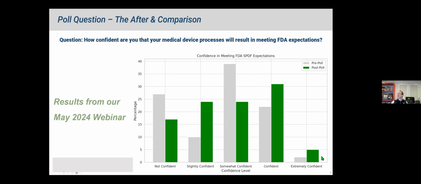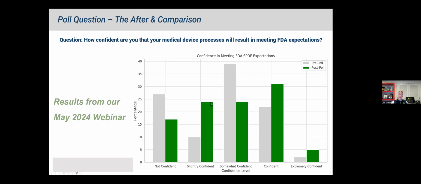Extremely confident is about the same, which is interesting. Confident is a little bit higher now, 34, but I'm sure that's within the error. The somewhat confident, the middle level, was 42, so that's gone up significantly. That's probably pretty good.